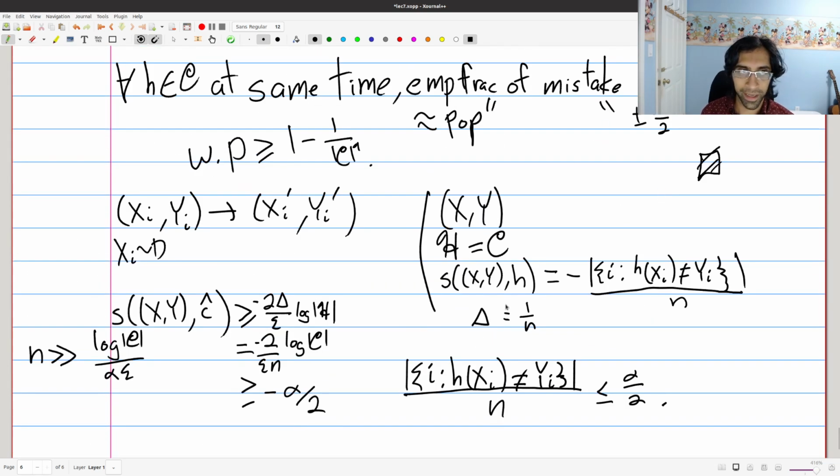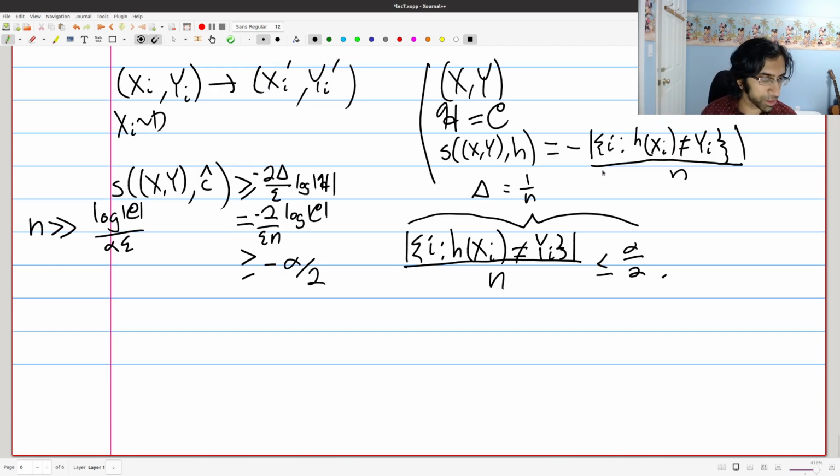So basically, this statement here is the cost due to privacy, and this statement here is the cost due to just random sampling. If you put those two together, it gives us the following theorem.